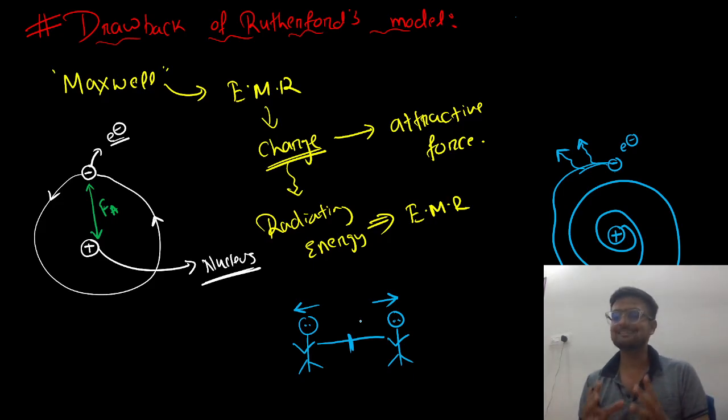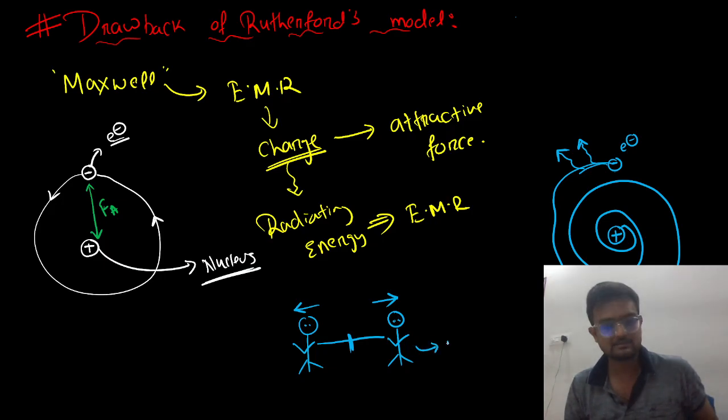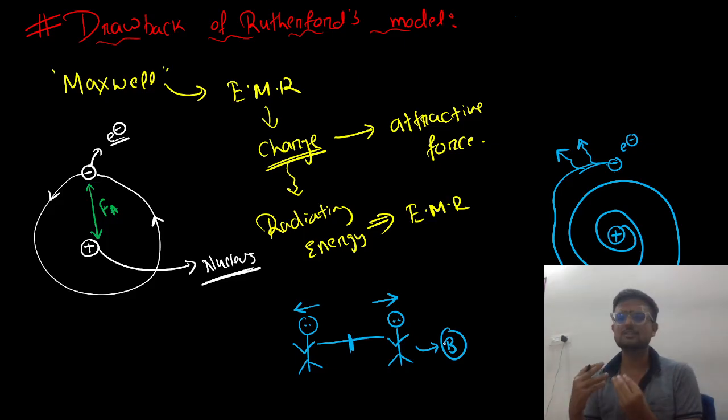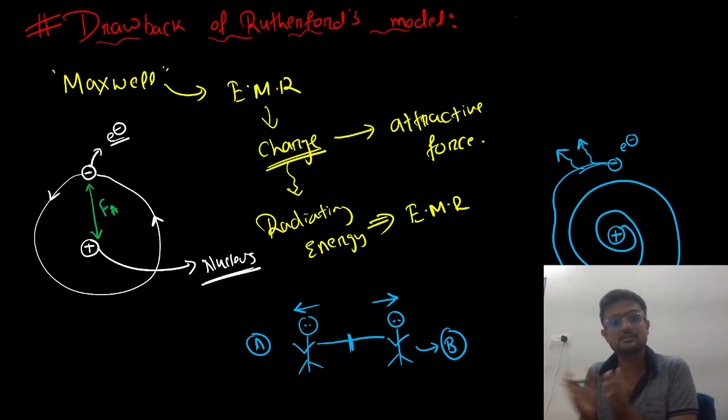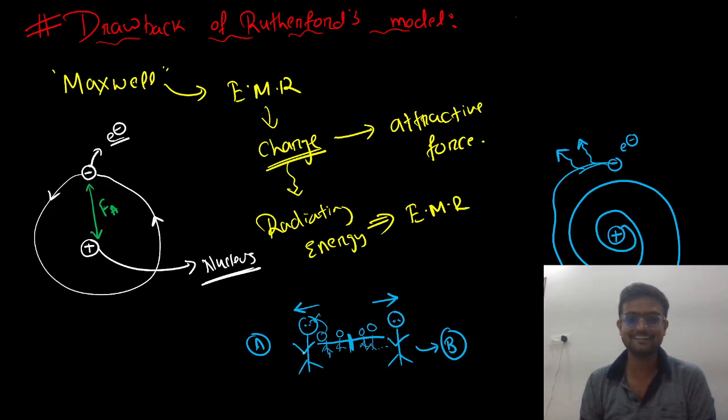Let's imagine a condition in which person B starts to lose energy because person A is pulling, and gradually B is getting tired, and as he gets tired, he will start losing energy at each and every point. As soon as B starts losing energy, B will come closer and closer towards A. First he will come here, then here, then here. Ultimately he is about to fall on A, right?